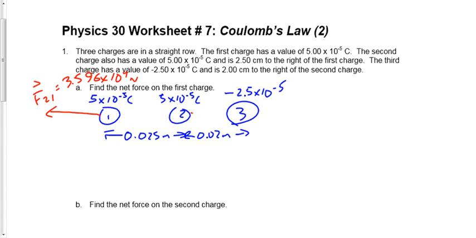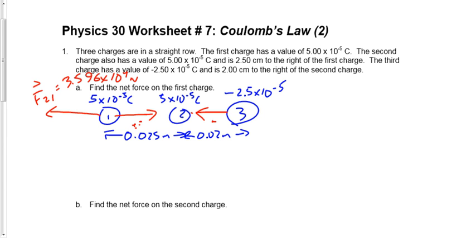Now, what about 3 and 1? Do they attract or repel each other? Yeah, they attract each other because they're opposite charges. That means 1 is going to be pulled towards number 3, and 3 is going to be pulled towards number 1. Which one do I care about, the first one or the second one?